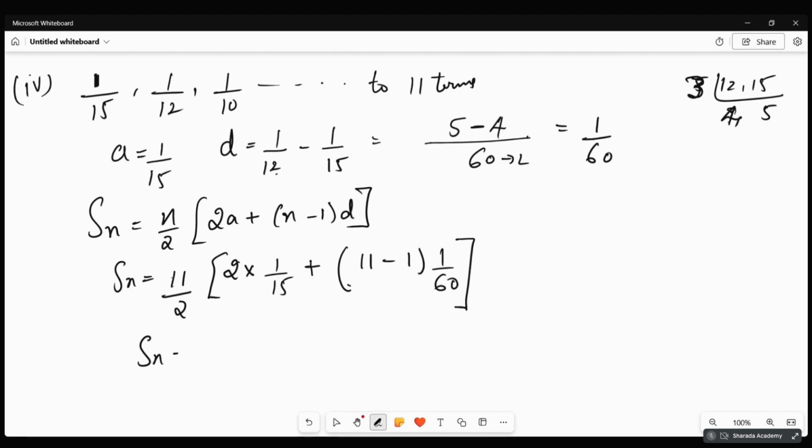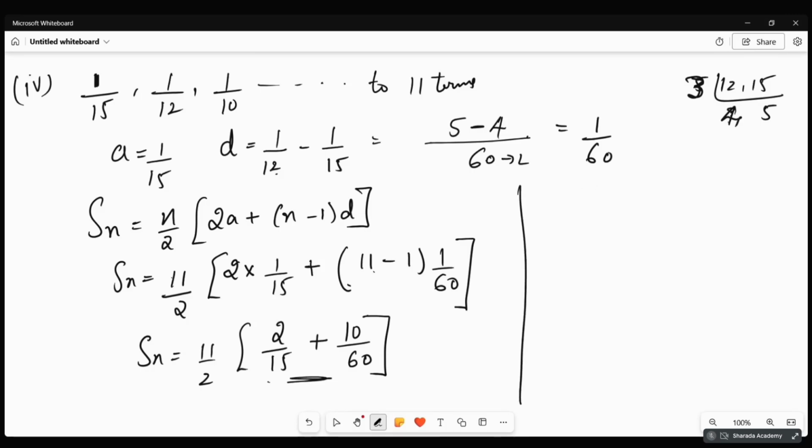So Sn is equal to 11 by 2 into 2 by 15 plus 10 by 60. These two I have to take the LCM. So Sn is equal to 11 by 2 into LCM for 15 and 60, it's 60. 60 by 15 is 4, so 4 into 2, it's 8, plus 60 by 60 is 1, 1 into 10, it's 10.